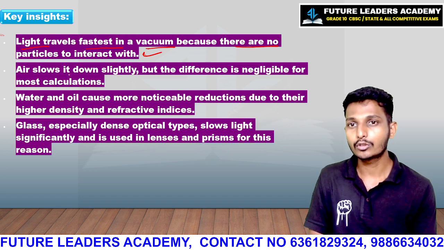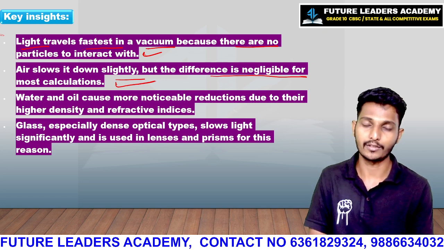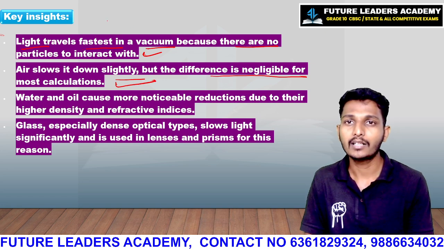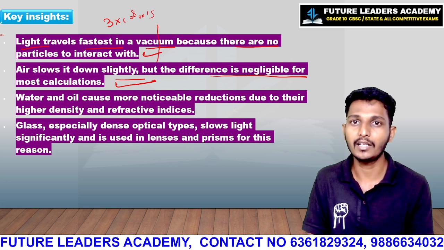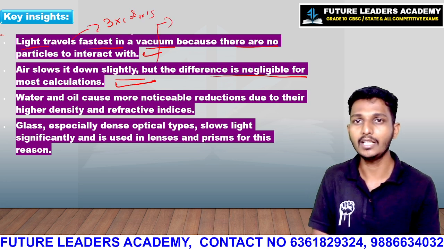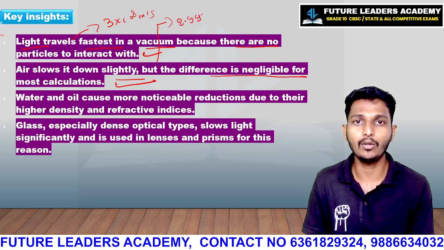Air slows it down slightly, but the difference is negligible for most calculations. This is 3 into 10 to the power 8 meter per second in the vacuum, and in the air medium it is 2.99 into 10 to the power 8 meter per second.